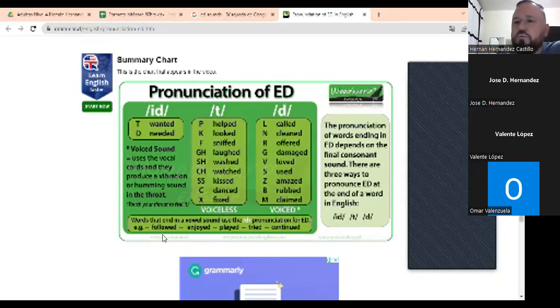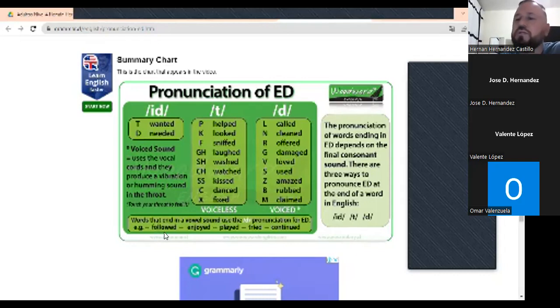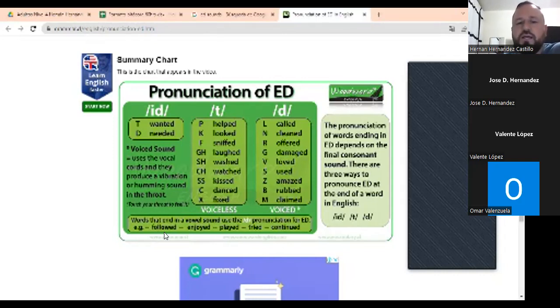Okay, follow. So in this case, the sound is D because the sound is O. So the sound has to be D. Followed. Once again, followed, enjoyed, played, tried, and continued.